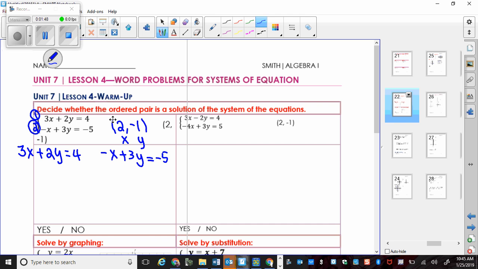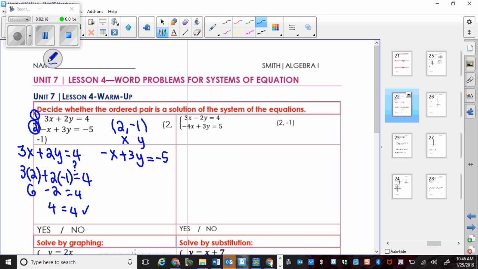Now we plug the numbers in. We have 3 times 2 for x plus 2 times -1 for y equals 4. And remember, we always put a question mark here to test. We're testing the truth of this equation statement. Well, 6 minus 2, does it equal 4? Yes, this is true. So 4 does equal 4. I can put a little check there.